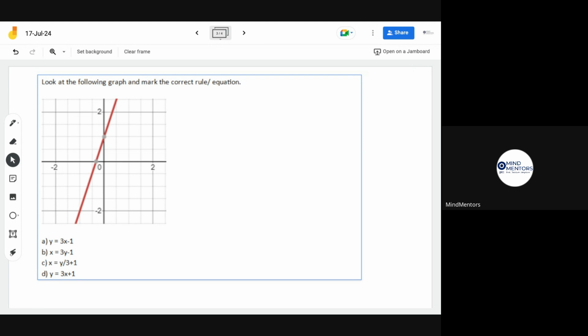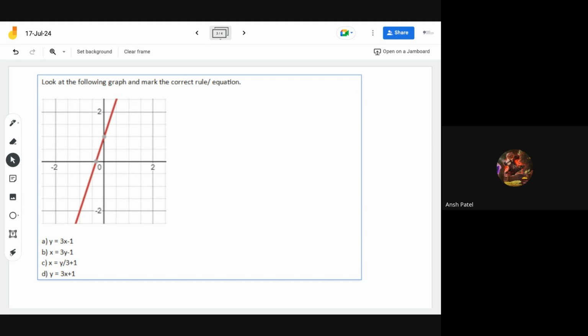D matches because plus one at the end means plus one above the origin. Can you see that it's the top point, right?